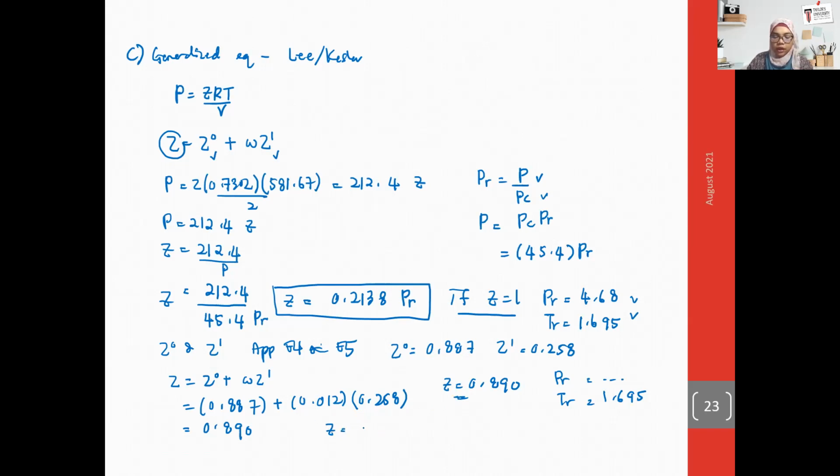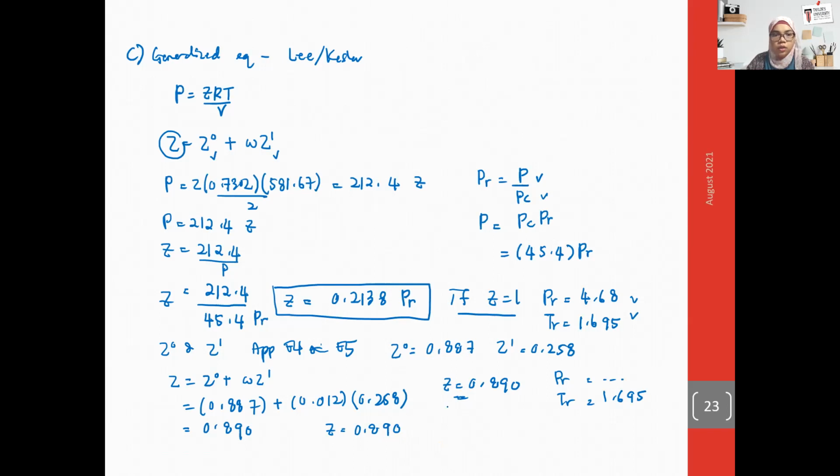after a few iterations, I found that Z here is equal to 0 point. I mean, this is the equation that we choose, Z is equal to 0 point. So you need to find the Z. Okay, this is what we have here.